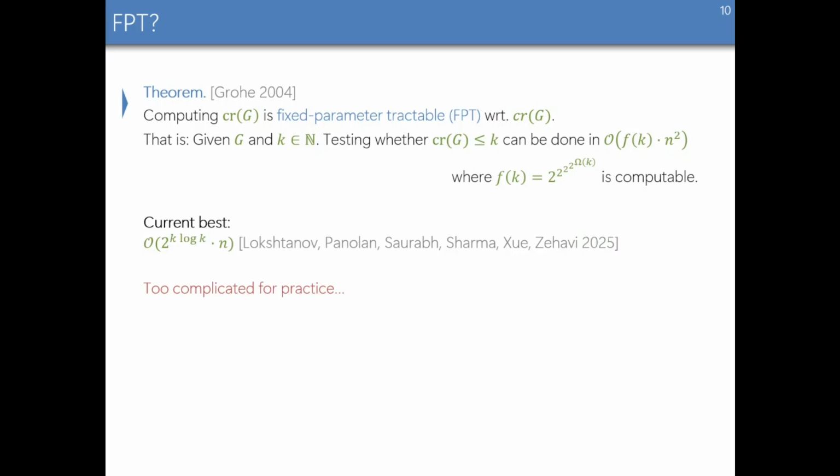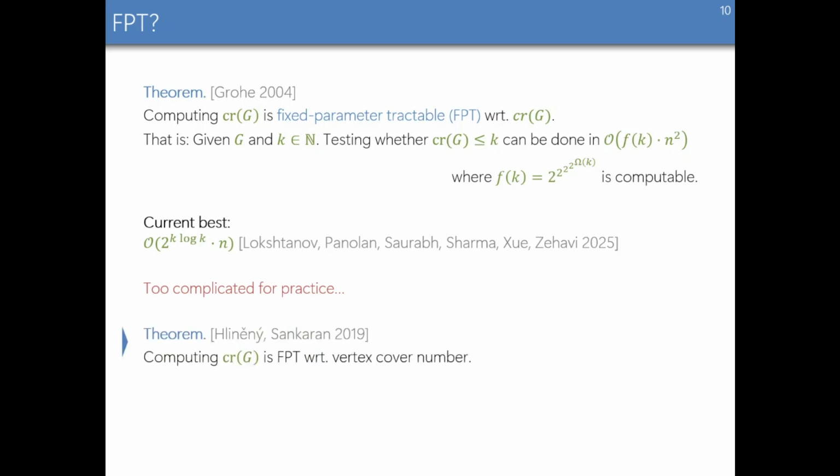The current best result shows you something like 2 to the k log k only times a linear function in n, but it has an enormous amount of hidden constants in the big O notation, and this algorithm, as is the case with all of these algorithms since Grohe, none of them will work in practice. You shouldn't even try to implement them. It's just a horrible mess. You're not going to get anywhere with it. But at least we have the theoretical result that it would be possible.